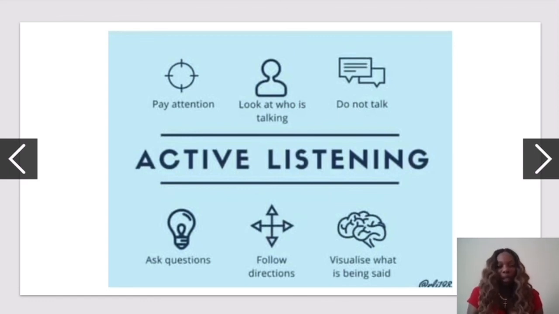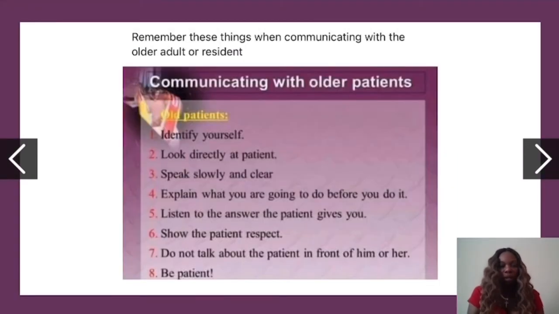And when you're talking to the elderly, if you can sit on the same level that they're sitting on, you can get your point across even clearer. You want to try to sit at eye level when you're communicating with the geriatric population.